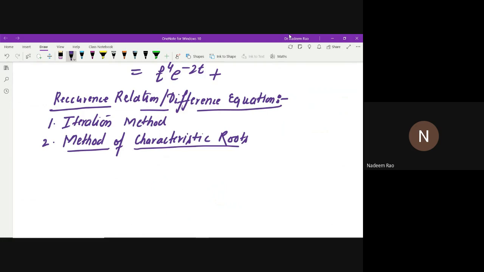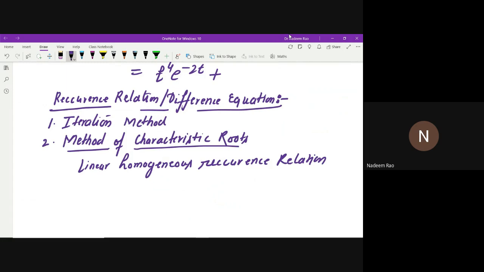First of all, we will try to find the solution of linear homogeneous recurrence relations, or you can say difference equations. Okay.